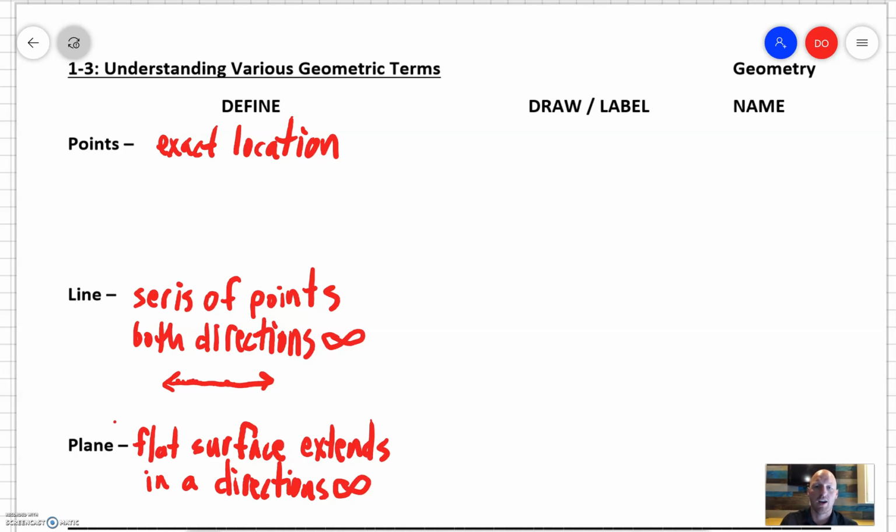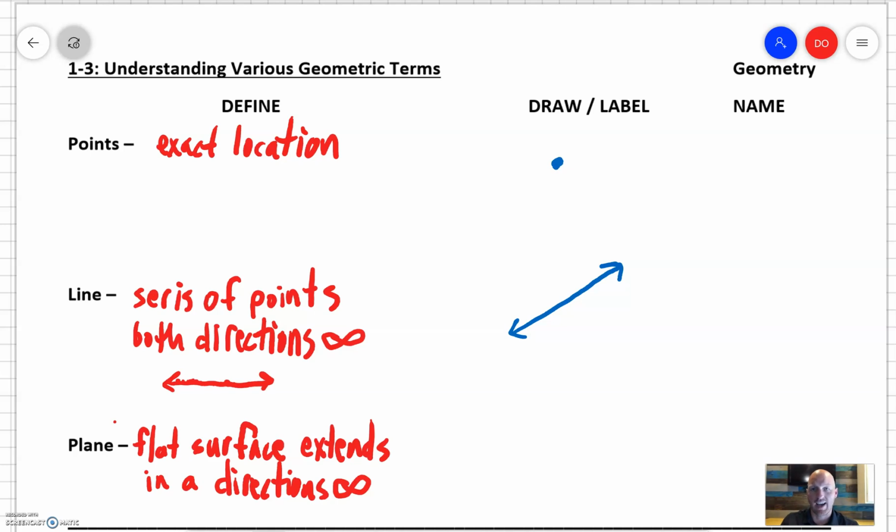Okay, to draw a point, I'm going to draw everything here in blue. So to draw a point, just simply put a dot. Nothing too fancy. You've seen this before in Algebra 1, plotting a point on a coordinate plane. To draw a line, which you've also seen, is a series of points, a straight line with two arrows on the end of it, extending forever.